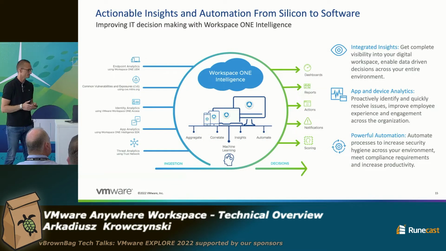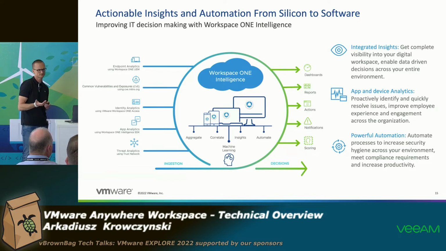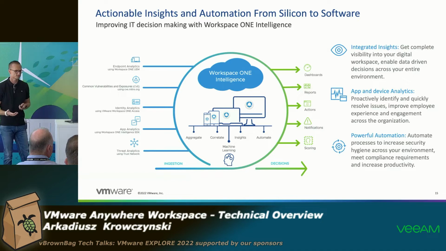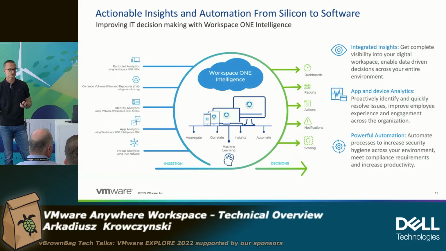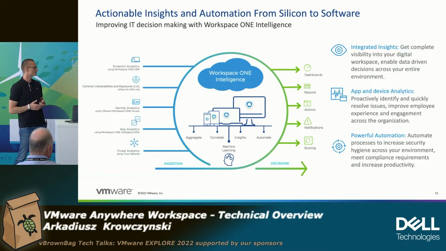Next one, to sum this up, again, Workspace ONE Intelligence, like we heard in some of our EUC keynote sessions. With Workspace ONE Intelligence, we have many options to work with the data we are collecting from different devices. We can create fancy reports for our Workspace ONE UEM admins, but we are also able to create automations.